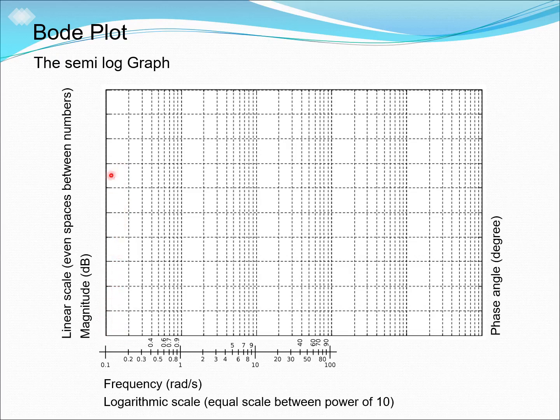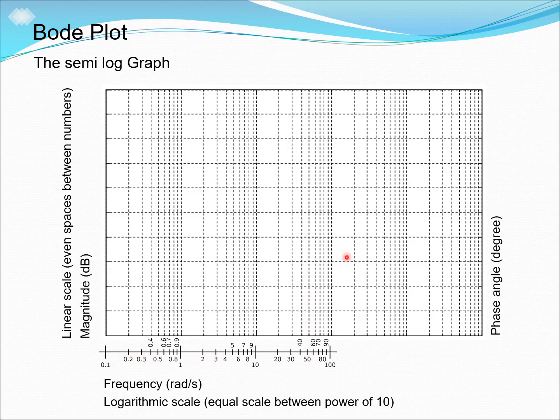And this is going to be our magnitude scale, and the unit should be in dB. The horizontal axis or the x-axis is going to be our frequency, which is measured in radian per second, and we can see that it is logarithmic scaled, which is equal scale between powers of 10.